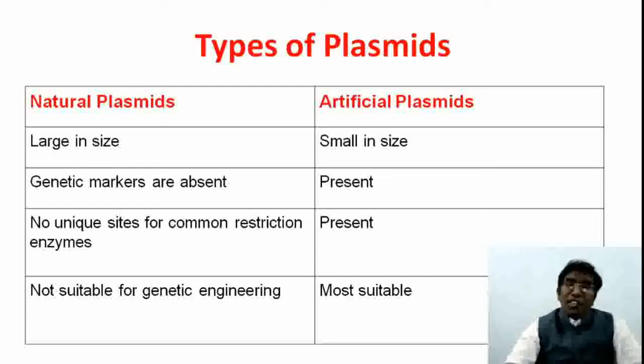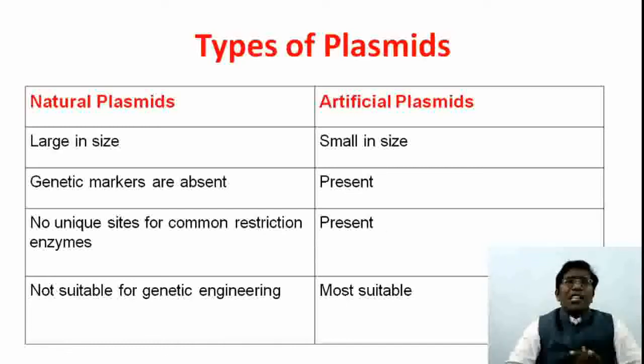And these natural plasmids are available naturally from the bacteria and they are large in size, whereas artificial plasmids are small in size. Natural plasmids do not contain any genetic markers, whereas artificial plasmids contain genetic markers. The unique restriction sites for common restriction enzymes are absent in natural plasmids, whereas they are present in artificial plasmids.